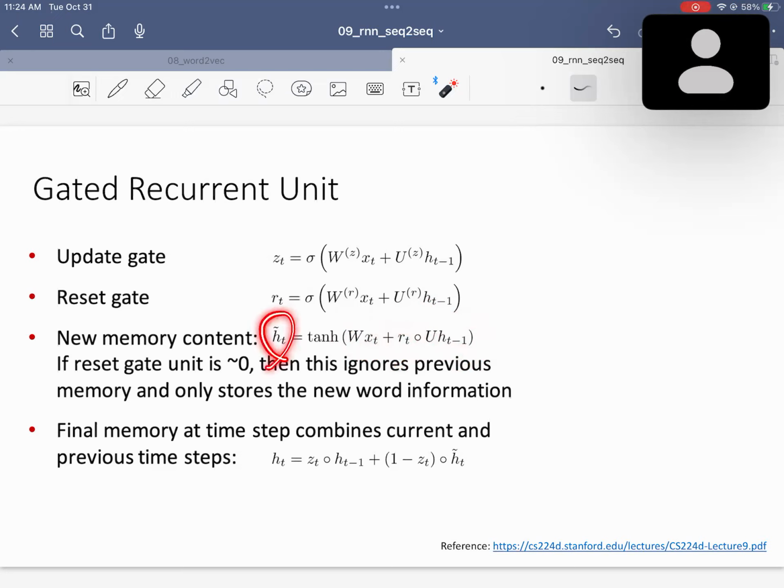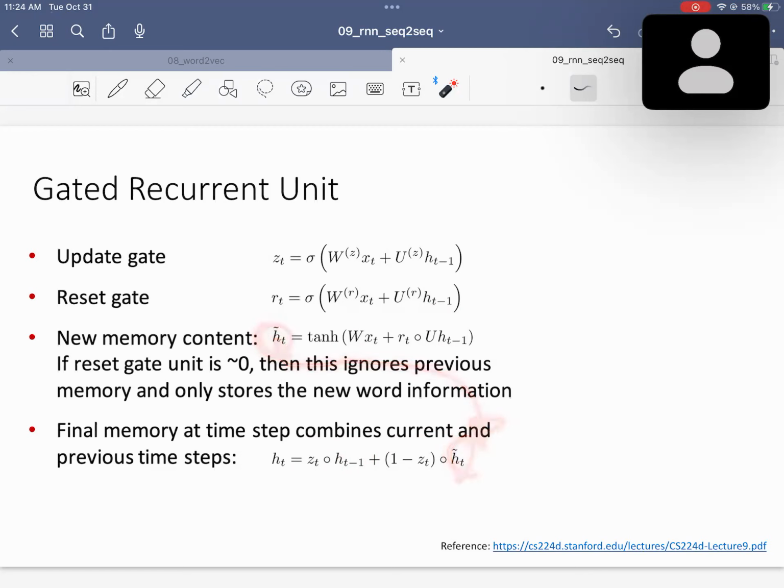Once you have H tilde, the final h_t is determined by a convex sum, because Z_t is between 0 and 1. This term is Z_t and this term is 1 minus Z_t, so it sums to 1. h_{t-1} is the previous hidden layer, and H tilde is the one you calculated just here.